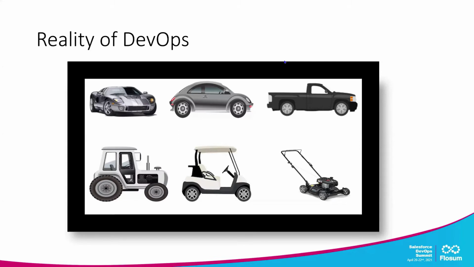But what you really thought of when you started a DevOps process is that you're going to give this Ford supercar as a deployment delivery. That's what you start off with, thinking that this will all go so smooth and we'll get there. By the time you do a couple of change set iterations, you do unmanaged package where it becomes a monolithic package because you have to deploy a monolithic unmanaged package.